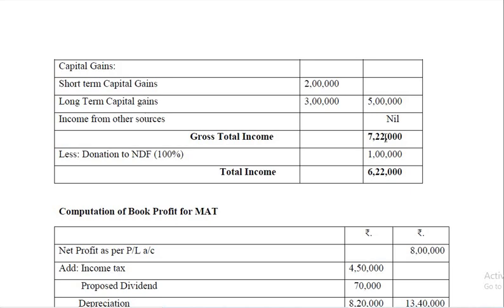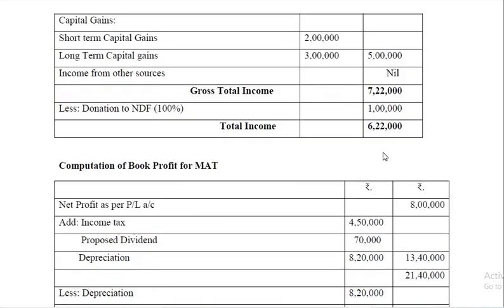So donation to NDF, 1 lakh rupees. That falls under no limit donations and 100% deduction. So entire amount is deducted. As a result, total income is 6,22,000.